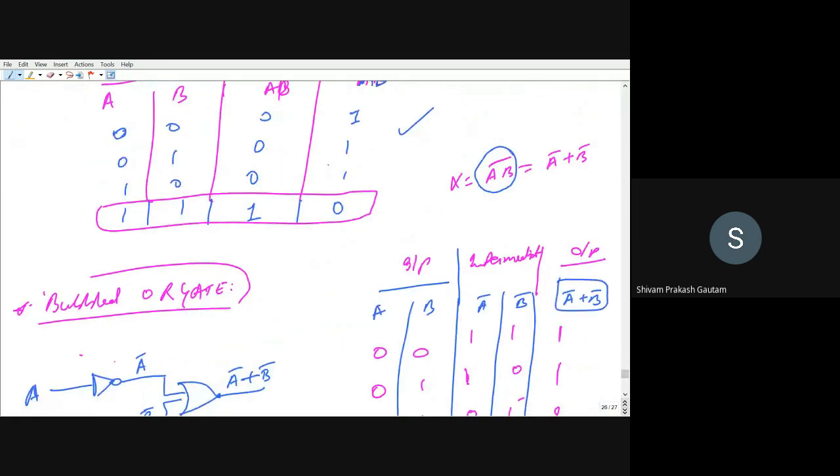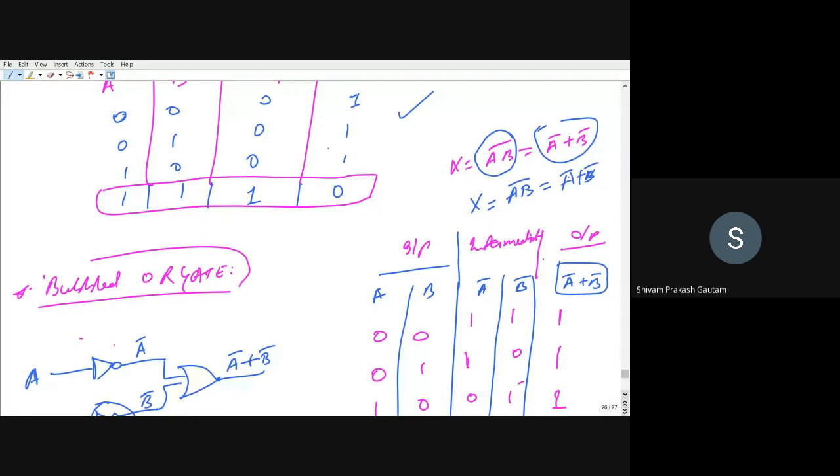So X equals AB whole bar, which will be equal to A bar plus B bar. Any doubt till now?